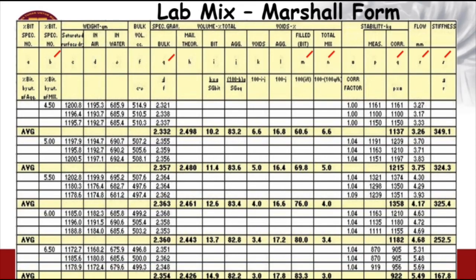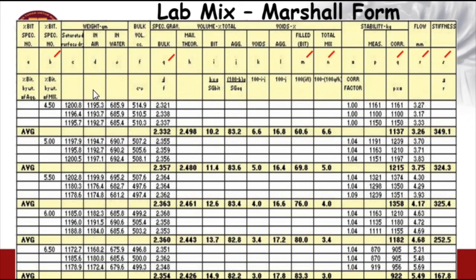As referred to in the steps earlier, a few graphs need to be plotted based on the results obtained from the Marshall form. The parameters that need to be plotted are column G, the bulk specific gravity value, column M, VFB, column N, VTM, column Q, stability after correction, column R for the flow, and finally column S for the stiffness value.